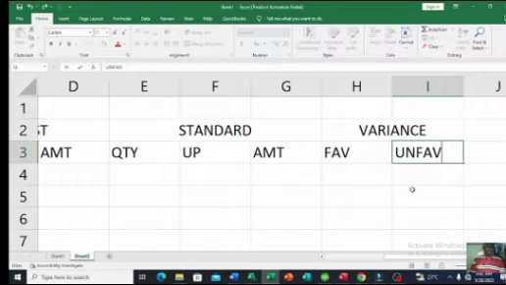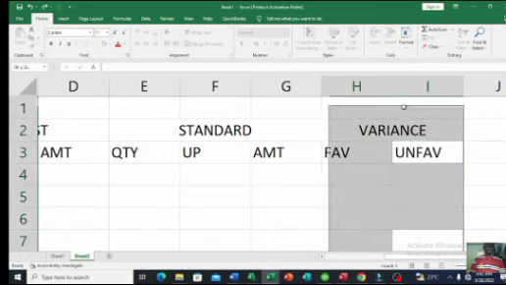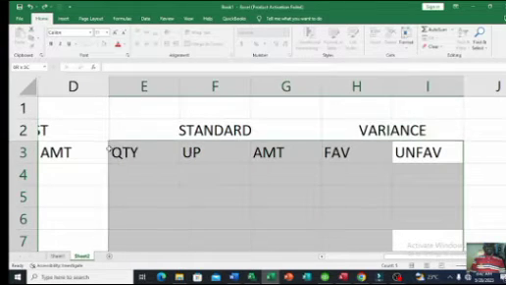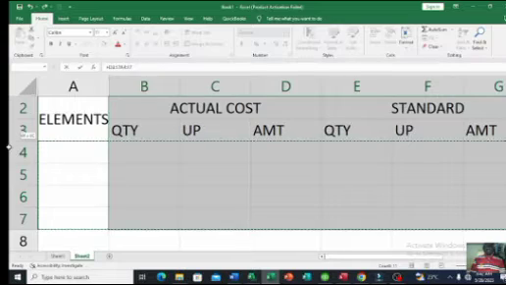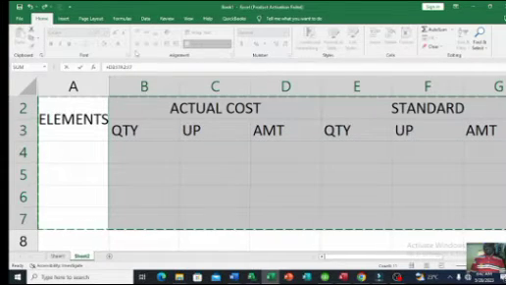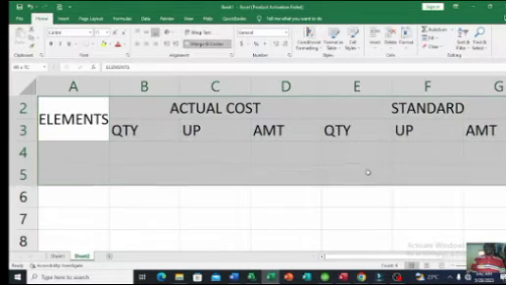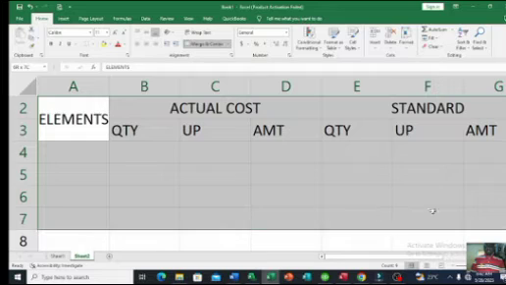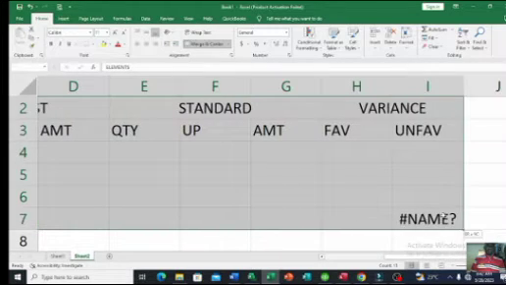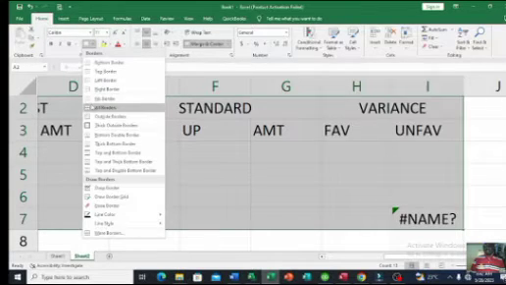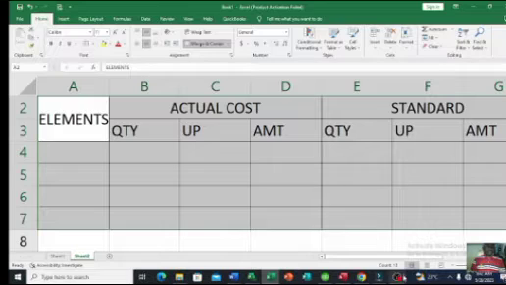Since I have only 3 elements in the question, just draw it for 4. I will select and take all borders. Bam! And then we are good to go.